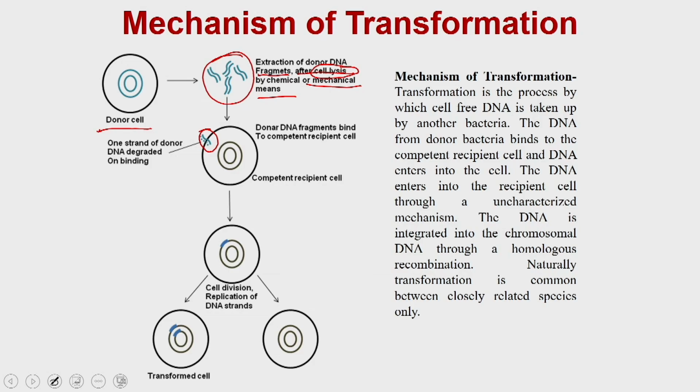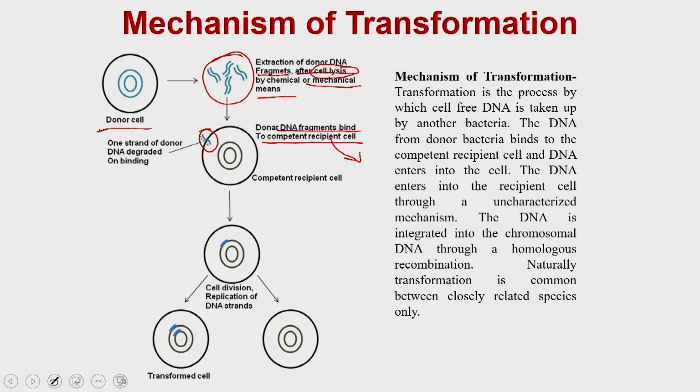So, this DNA is present in the environment. Now, one strand of this DNA is going to be degraded, and then the DNA will bind to the competent recipient cells. So, we have already discussed what the competent cells could be.